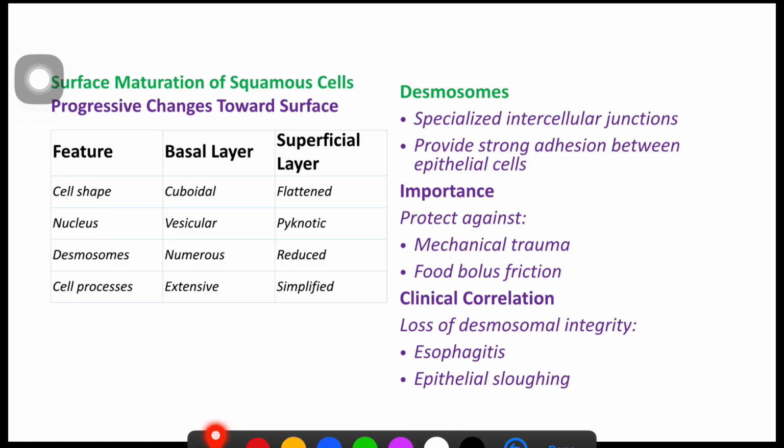What is their importance? Whenever there is mechanical trauma or frictional force, if there is loss of desmosomal integrity, there will be esophagitis or esophageal sloughing.